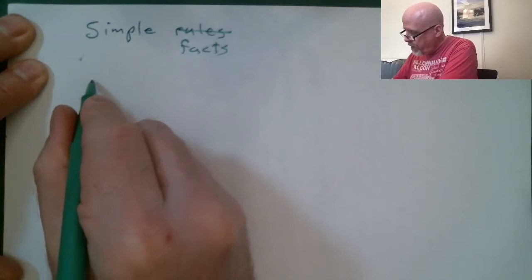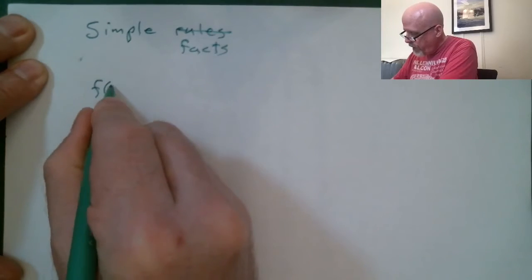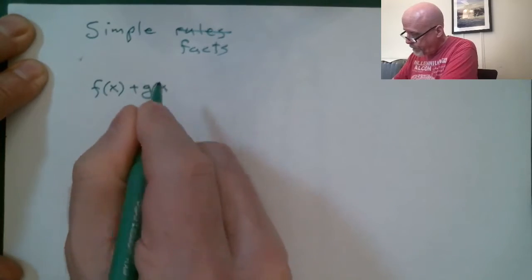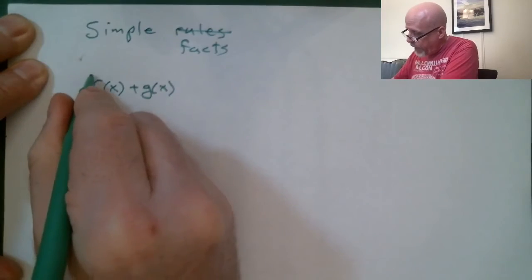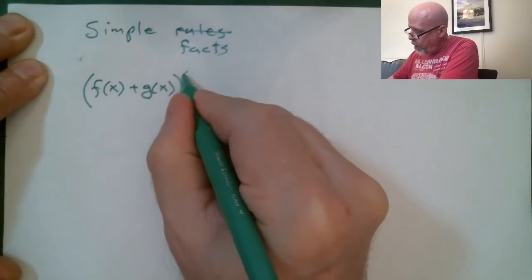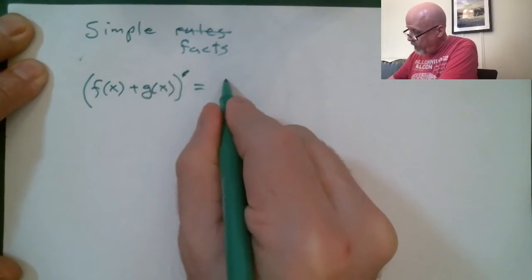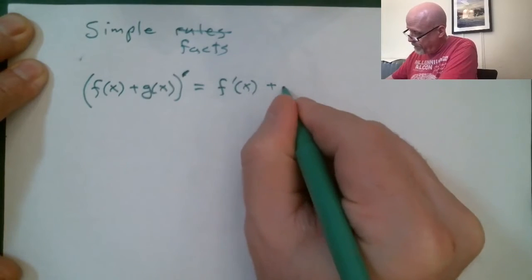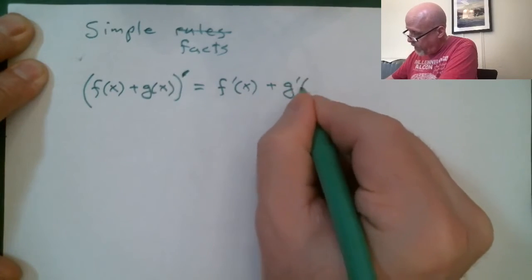The first one is if you have two functions added together and you want the derivative of that sum, all you have to do is prime the things individually and go ahead and add them up.